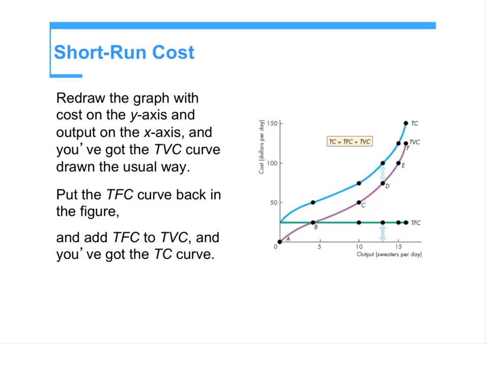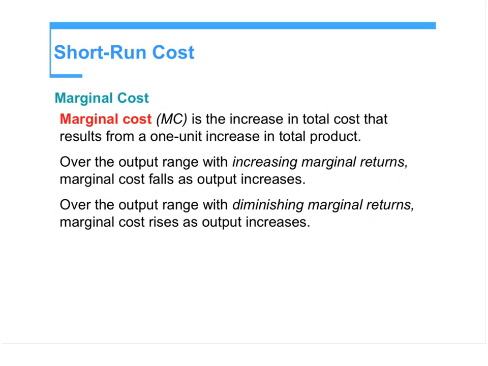Okay. So what about marginal cost? Marginal cost is the increase in total cost that results from a 1 unit increase in total output. So we have a marginal cost concept also. When we add 1 unit to our output, there is some increase in cost we call marginal cost.